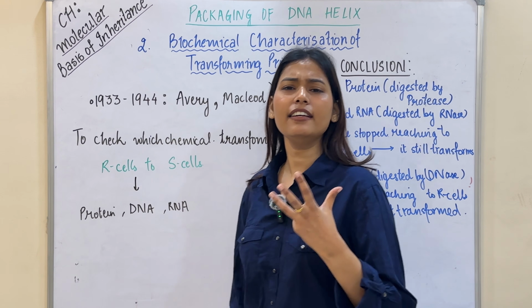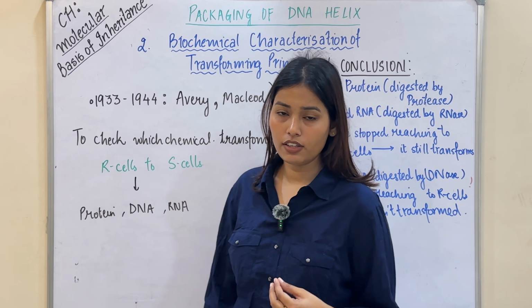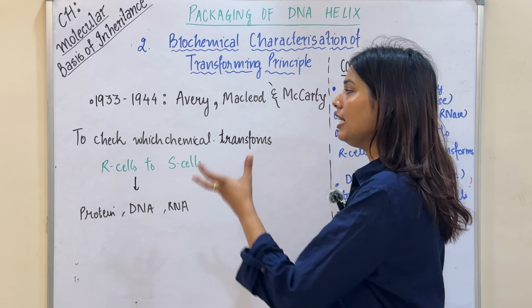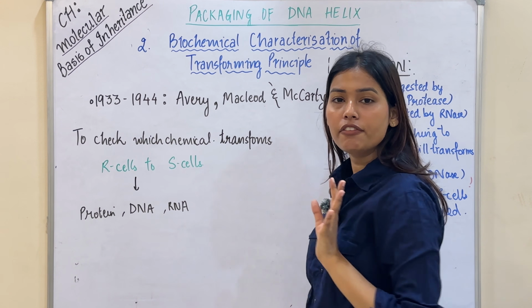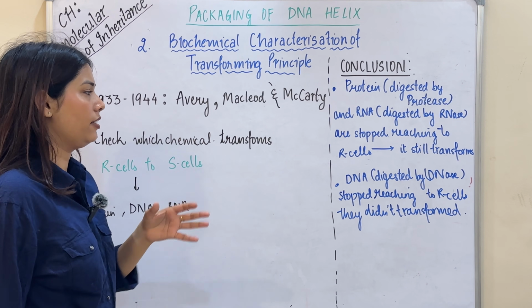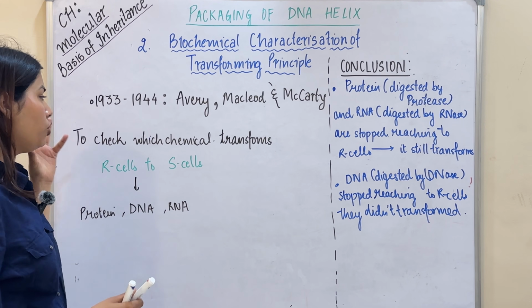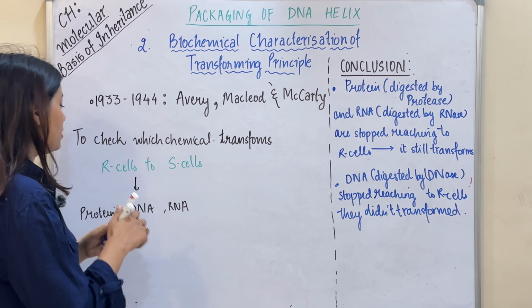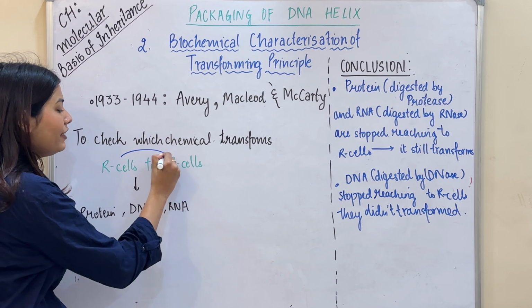So to find the chemical nature of Griffith's transforming principle, from 1933 till 1944, Avery, MacLeod and McCarty performed an experiment. What they did is to check which chemical transforms R cells to S cells.